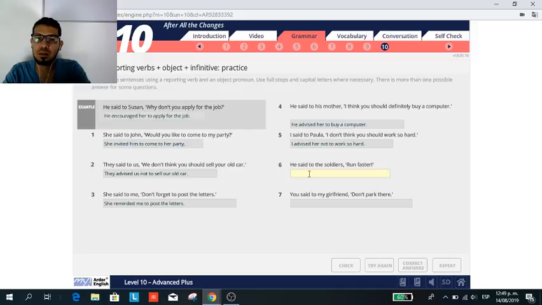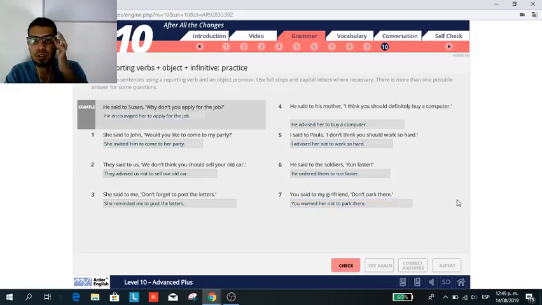He said to the soldiers, run faster. So he ordered them, so the object, them, to run faster. He said to my girlfriend, you warned her not to park there.